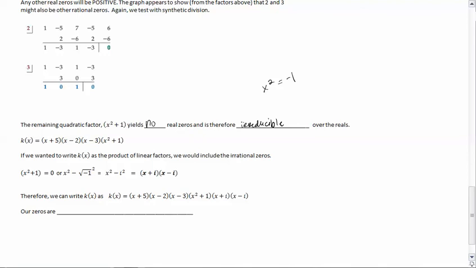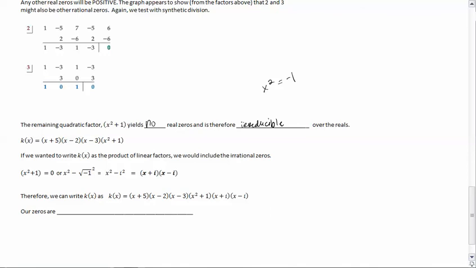We can also rewrite this as a product of linear factors, including those imaginary zeros. We have x squared plus 1 equals 0. That's the same as x squared minus the square root of negative 1, squared, or x squared minus i squared, which is the same as x plus i times x minus i.